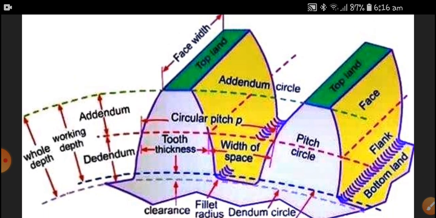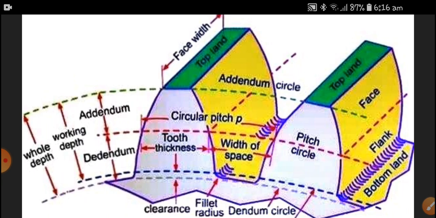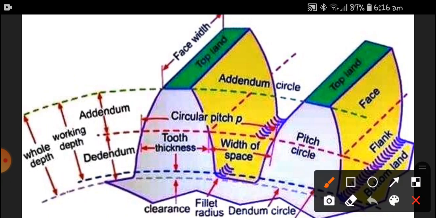The important terminologies are pitch circle, circular pitch, and module. Module is a very important thing.